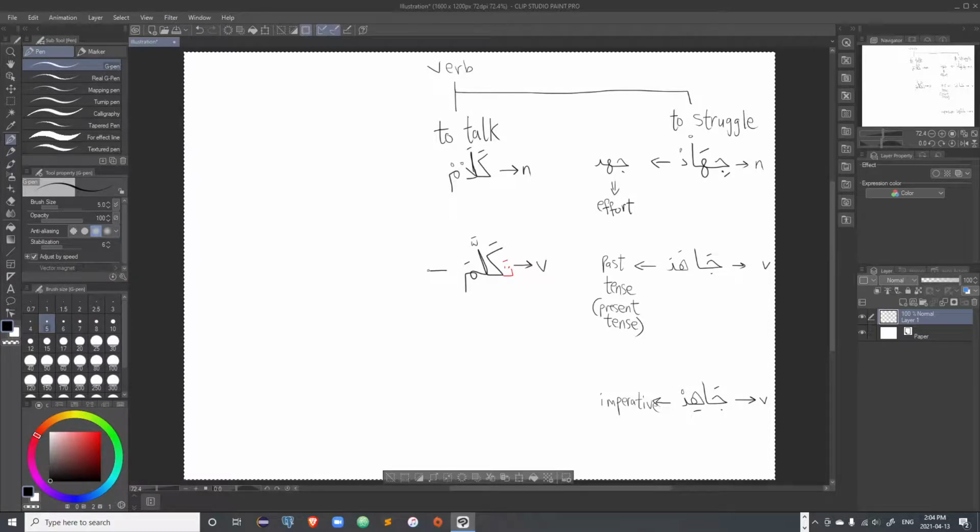So this would be the past tense. However, the prefix here is only for huwa, he. Ignore this with the other pronouns. Actually, now that I am thinking about it, أنا تكلمت.